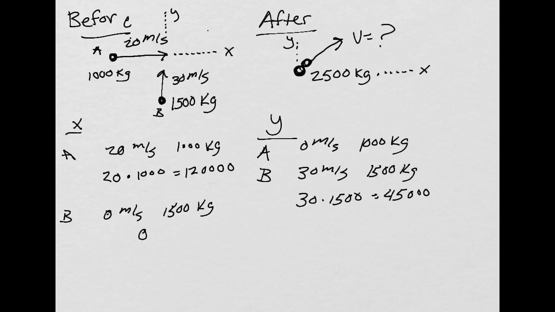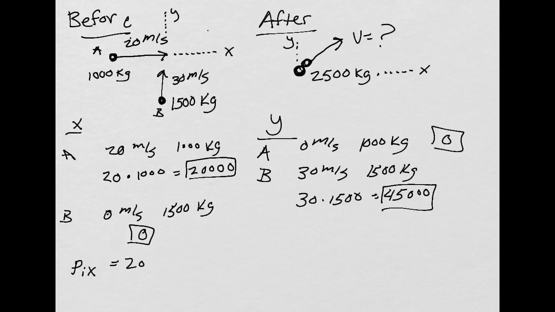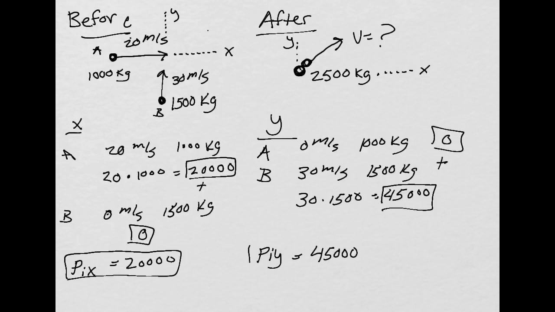So we have 20,000 and 0, and 0 and 45,000. So our initial momentum, P_ix, is equal to 20,000, because we just sum 20,000 plus 0. Our P_iy is equal to 0 plus 45,000, or 45,000. So we know our initial momentum in both directions.